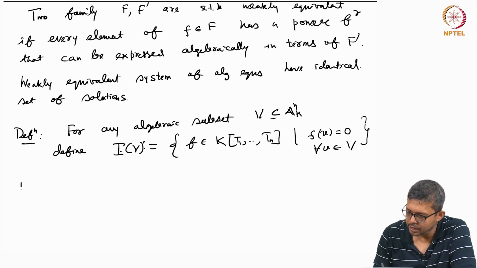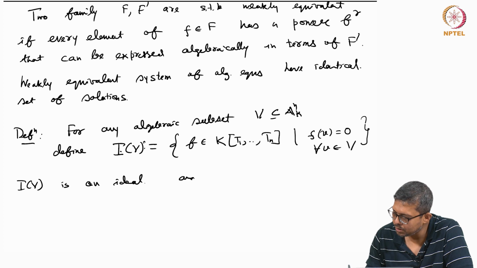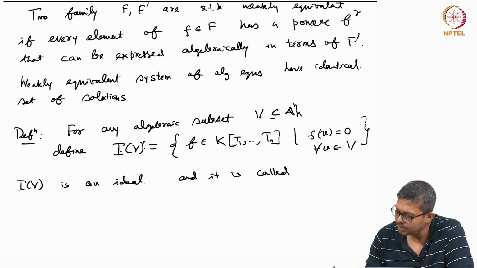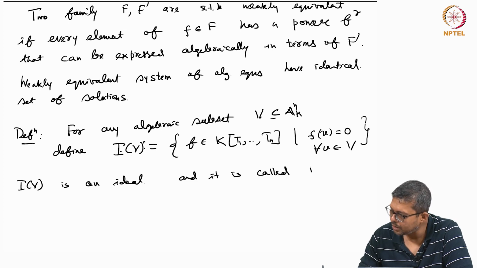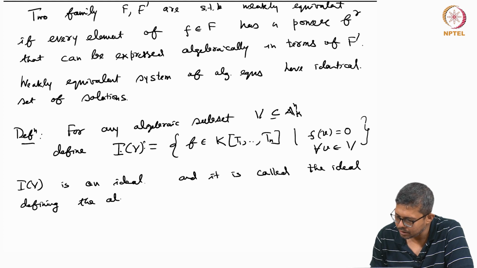And now you check that I(V) is an ideal. And it is called the ideal defining the variety V, or the algebraic set.